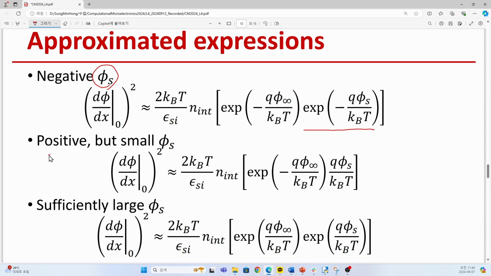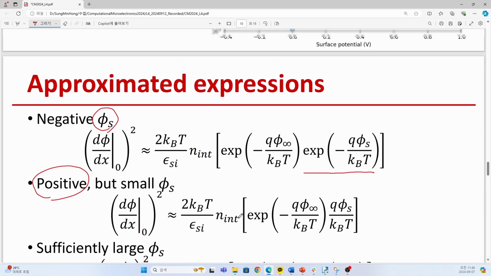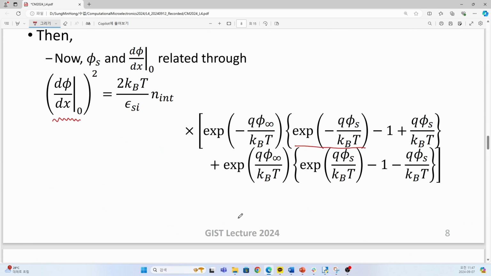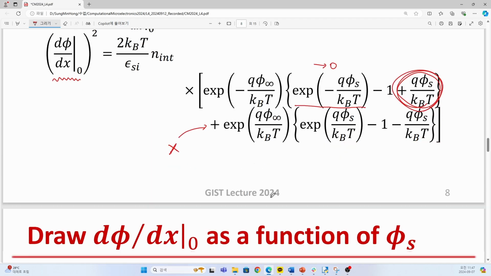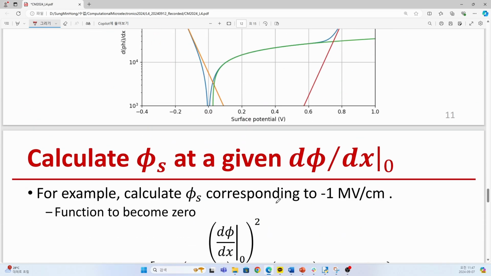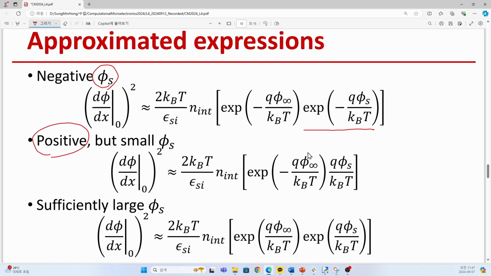Let's consider the positive case, where the surface potential is not that high. Still this second term doesn't play any role, but now this exponential term goes to zero quite rapidly, and this linear term plays a significant role. So you can see that in this case we have the linear term which is dominant in this domain.